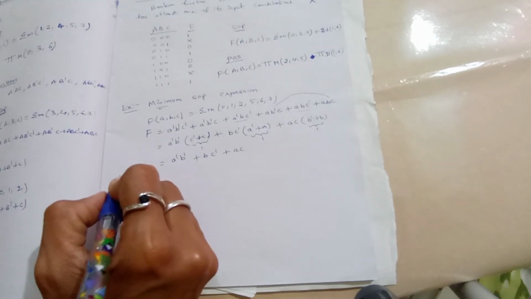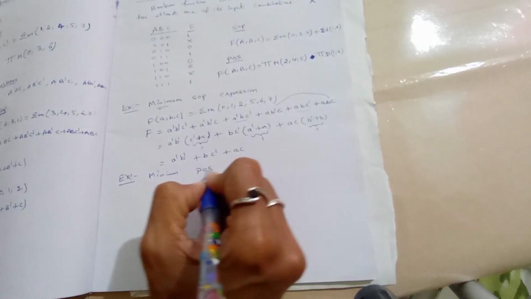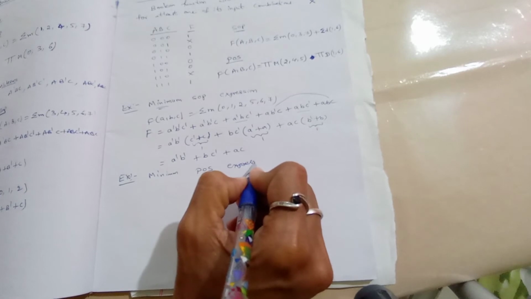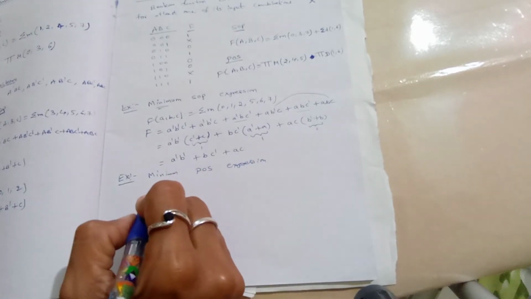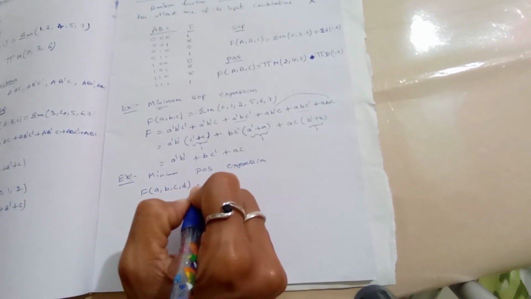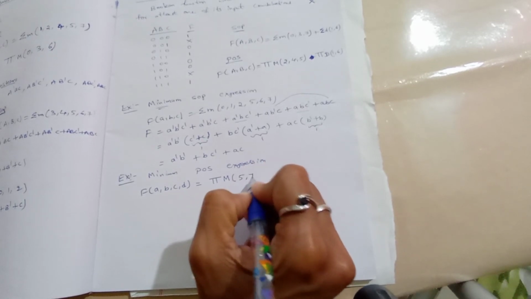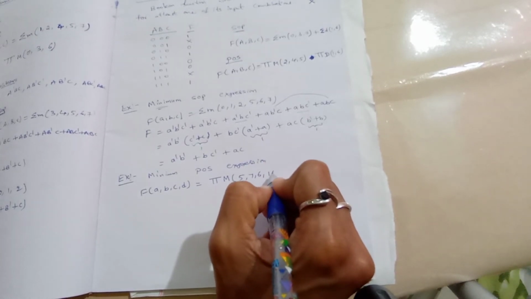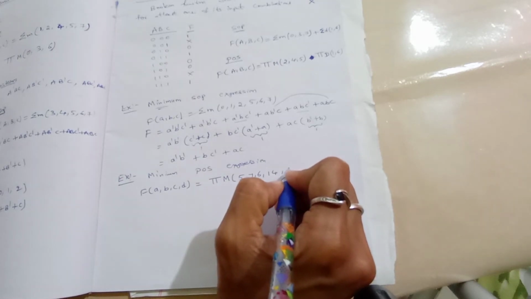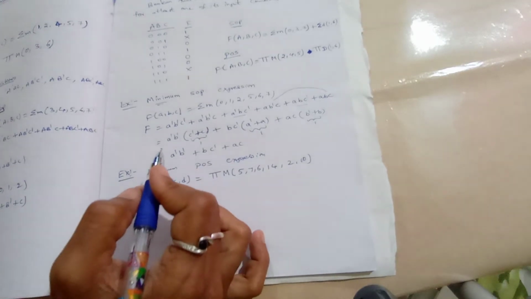Same as we can minimize POS, the minimum product of sum expression. For example, the given function is 4 variable, that is pi capital M of 5, 7, 6, 14, 2, 10.